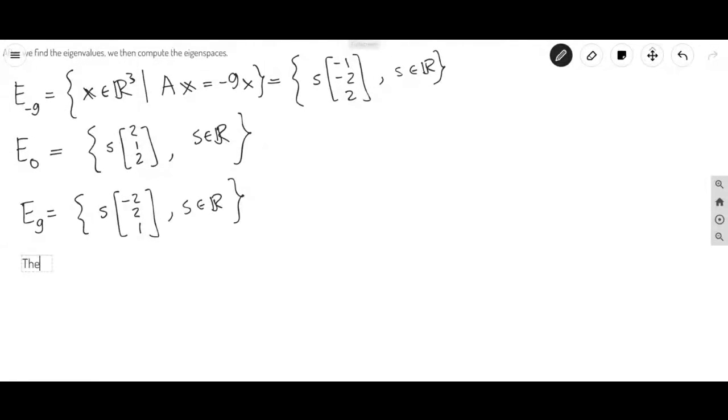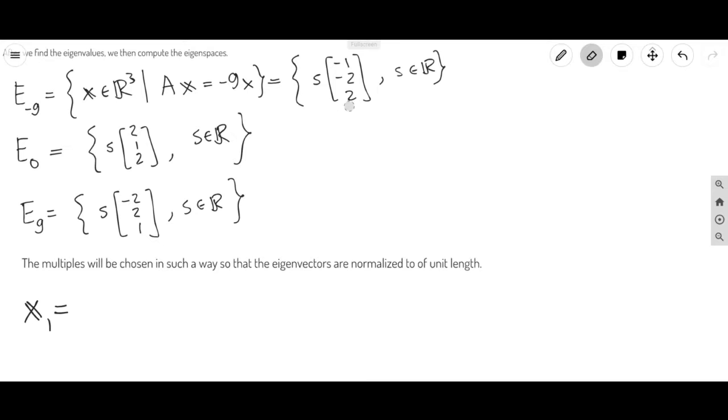The multiples will be chosen so that the eigenvectors are normalized to be of unit length. So for our first eigenvector, let's find the length of this: 2 squared plus 2 squared.